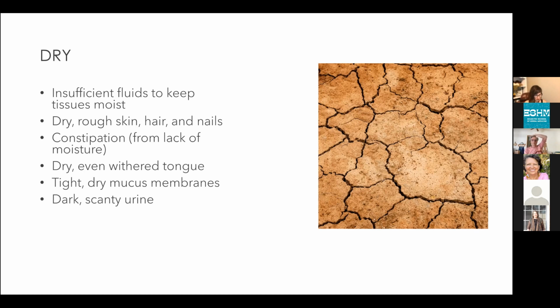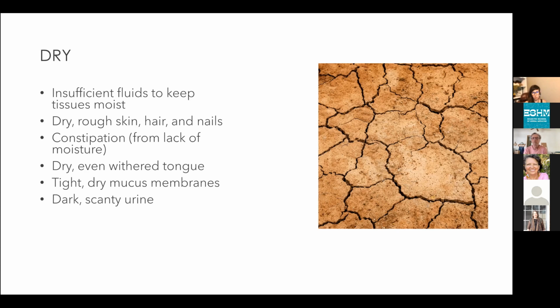You're often going to see dry, rough skin, hair, and nails. Your nails will often break easily and be brittle if they're growing at all. You can often see constipation. Constipation occurs in most of the tissue states, but this is constipation from lack of moisture.